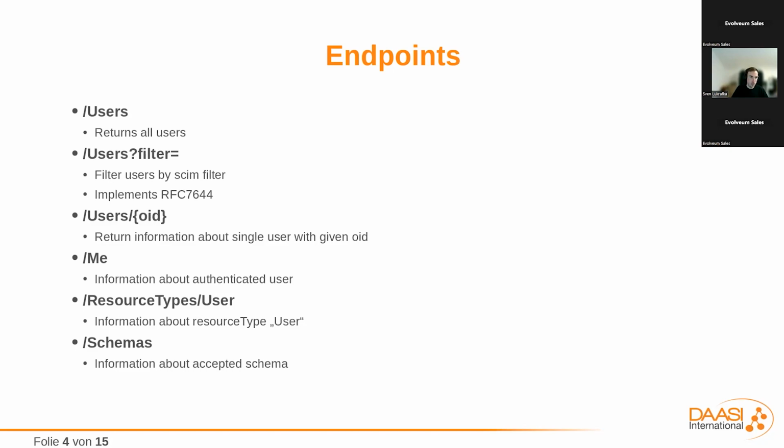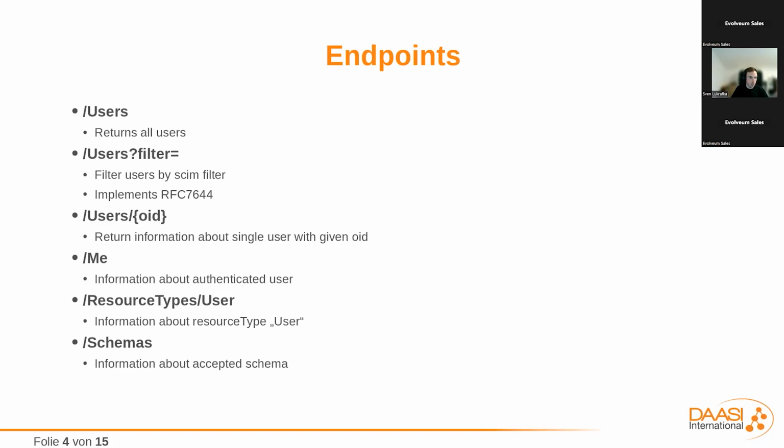The OID is the same OID which MidPoint uses as an identifier for its internal objects. So if you check out one of your identities, for example the XML version of it, and have a look for the OID, that's exactly the OID which is required here.